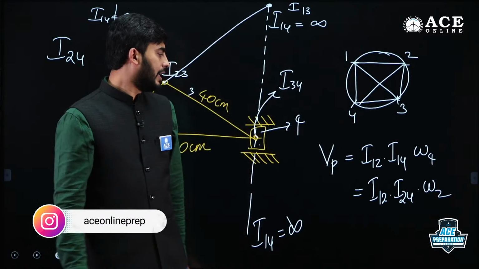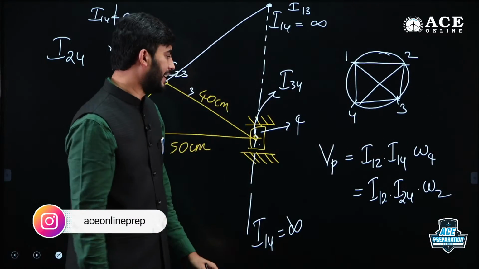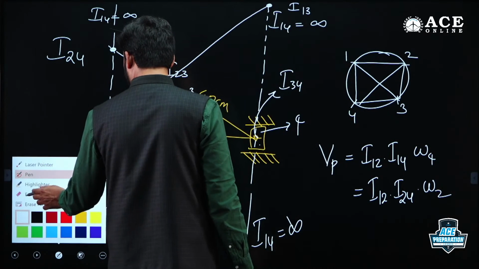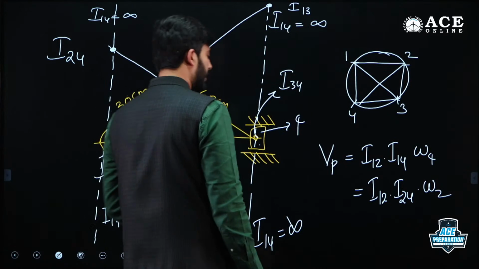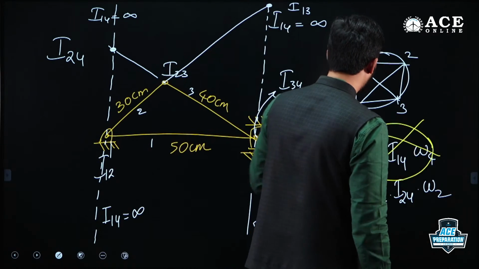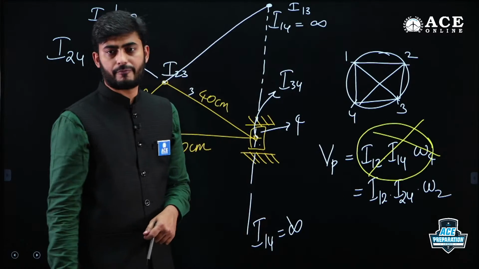But I12 I24 is infinite, so I cannot write this. Instead, I will be replacing this with velocity of piston.